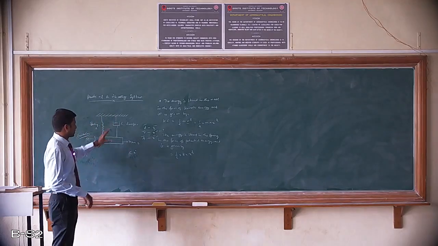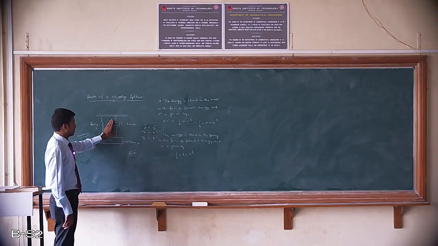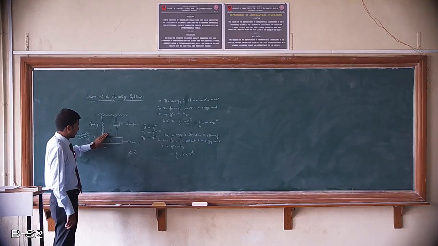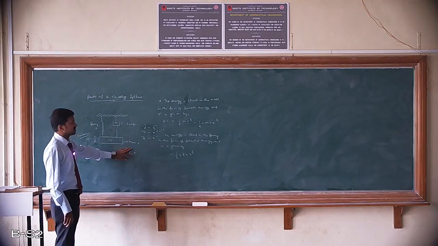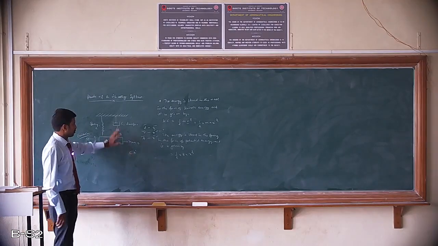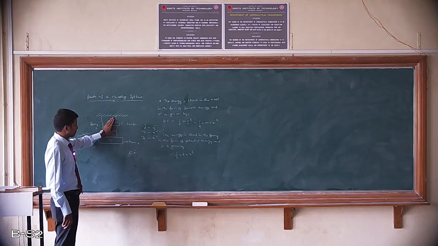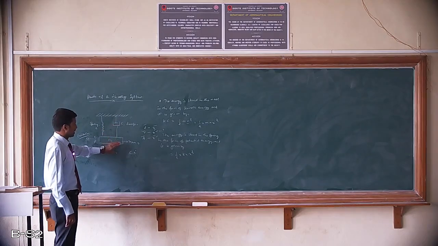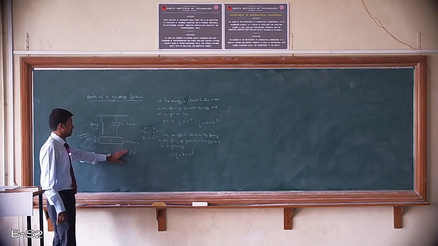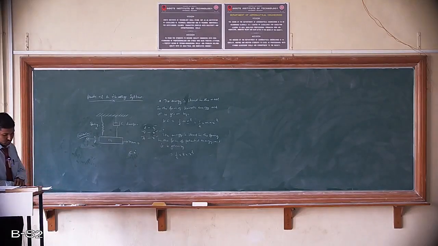So the damper does the same thing. The damper opposes the motion of the mass with a force of C into x dot. So please understand the use of the damper: it is used to oppose the motion of the mass, with the force of C into x dot.